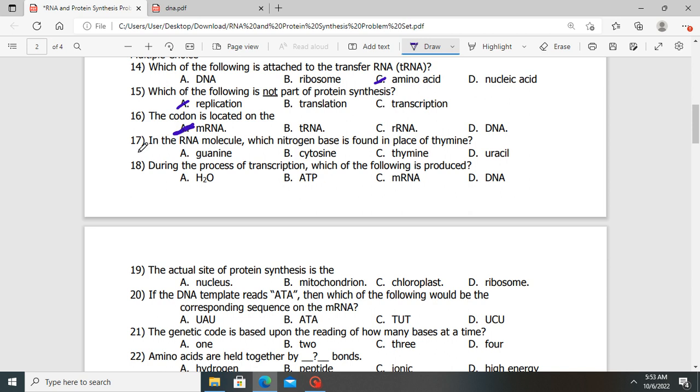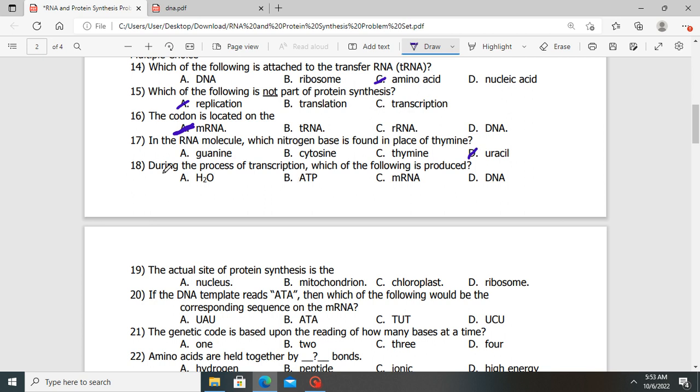17. In the transfer RNA molecule, which nitrogenous base is found in place of thymine? Thymine is found in DNA. In the RNA, it is replaced by uracil. So the answer is D for 17. Question 18.